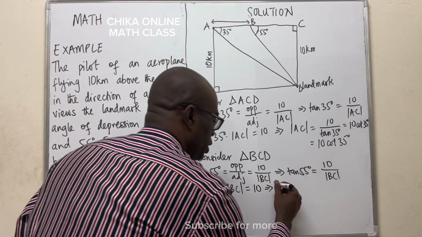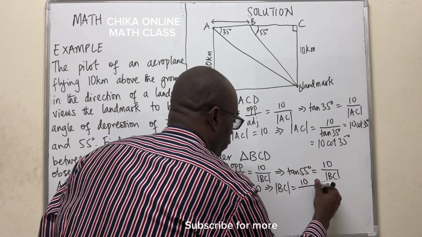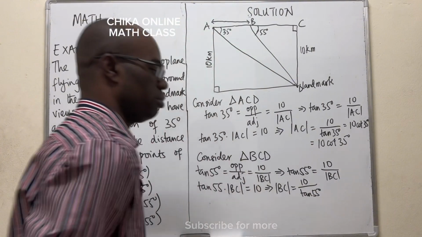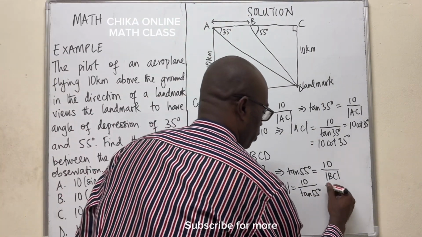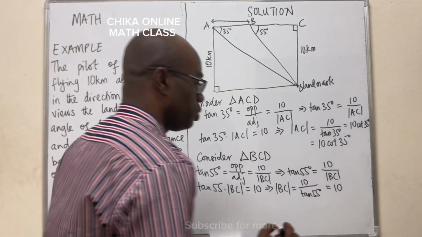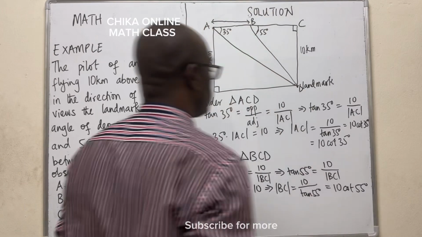So what's our BC? BC is equal to 10 over tan 55, which is, 1 over tan is cot. So this is 10 cot 55 degrees.